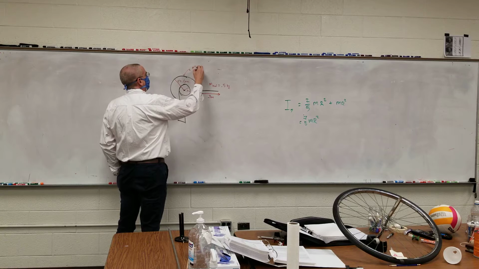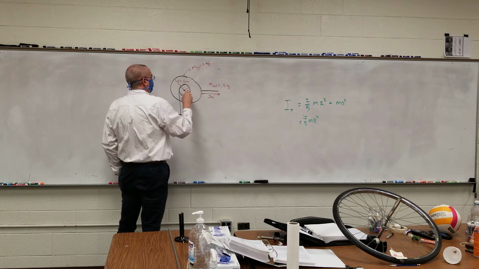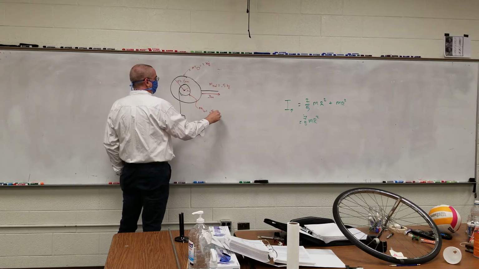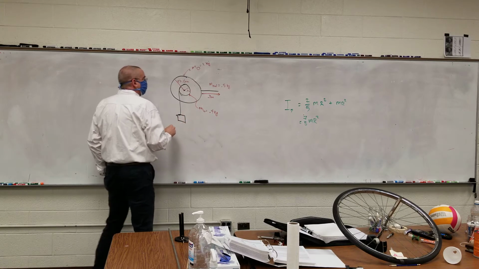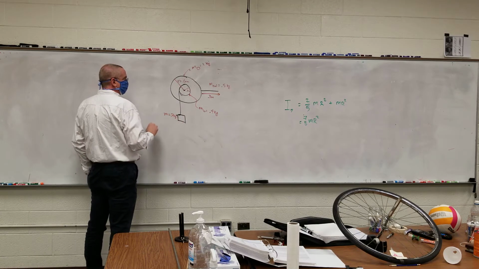The mass of the big wheel we'll make 1 kilogram. The mass of the little wheel will be 0.4 kilograms. I don't think I'm using 4 yet. Make this mass 0.7 kilograms.